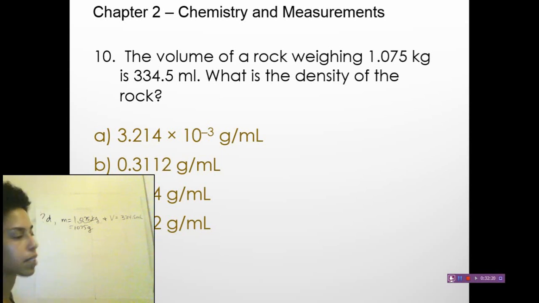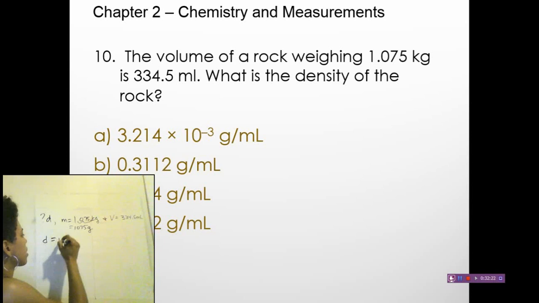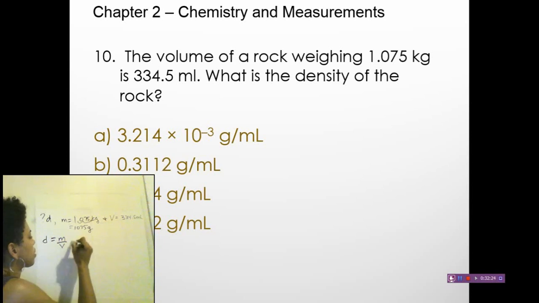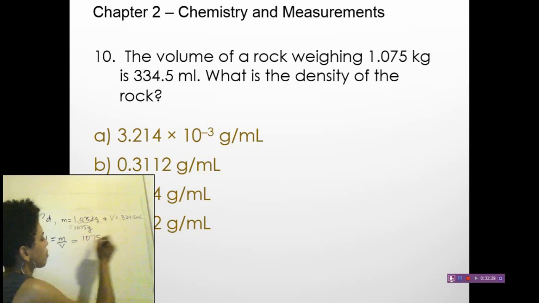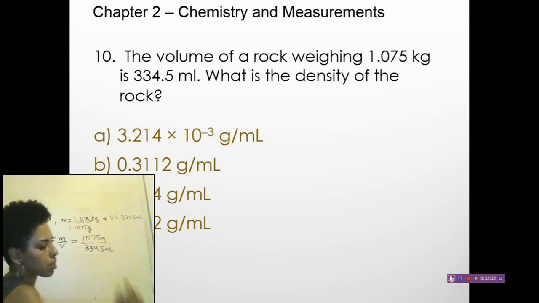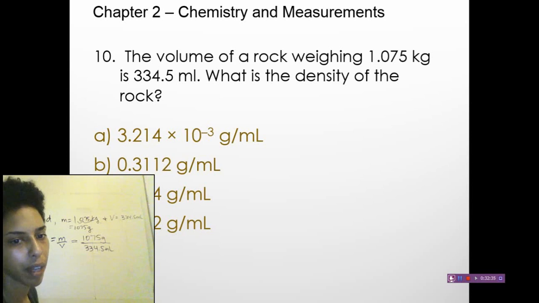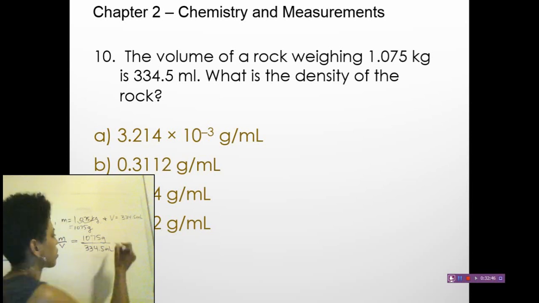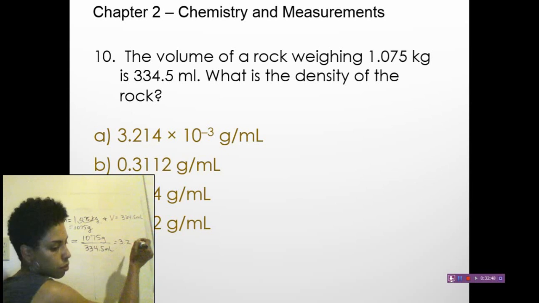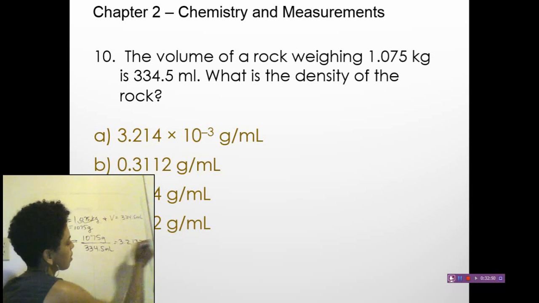And the question is asking what's density. So density is mass over volume. So all we have to do is plug and chug. I've got 1075 grams all over 334.5 milliliters. And if I put that into my calculator, 1075 divided by 334.5, I get 3.2137.